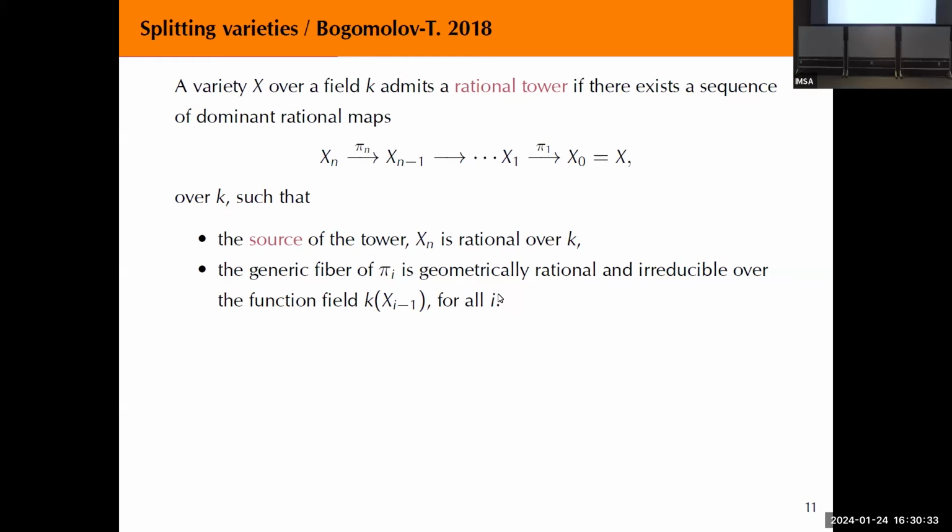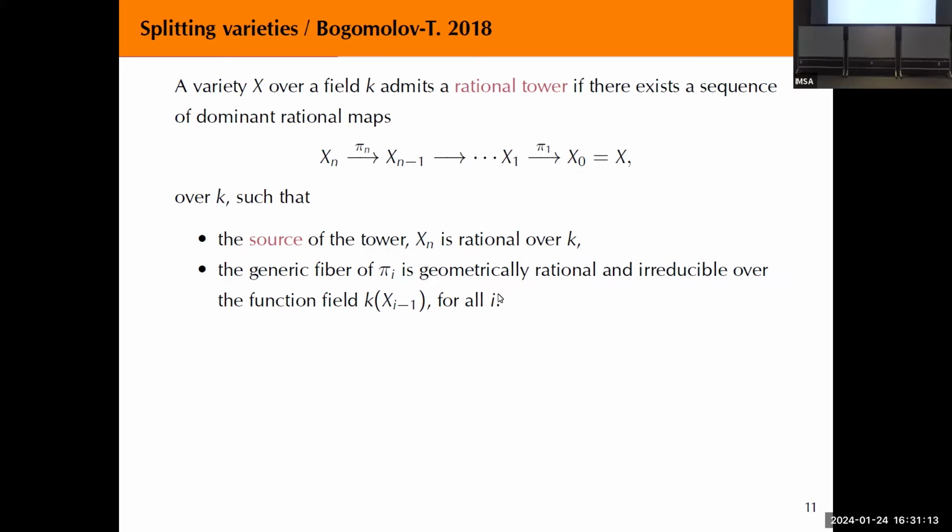So consider a variety over a field K, and we will say that such a variety admits a rational tower if there is a sequence of dominant rational maps over K, so that the source X_n, the one at the very top, is actually rational over the ground field K, and the generic fiber is geometrically rational and irreducible over the function field of the previous stage, of course a non-closed field.